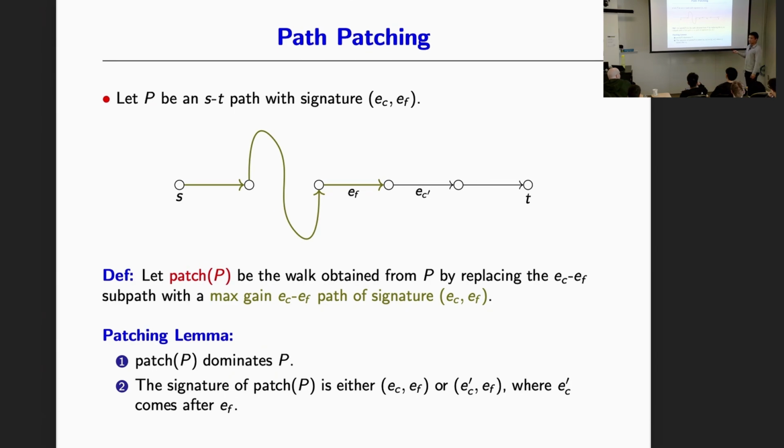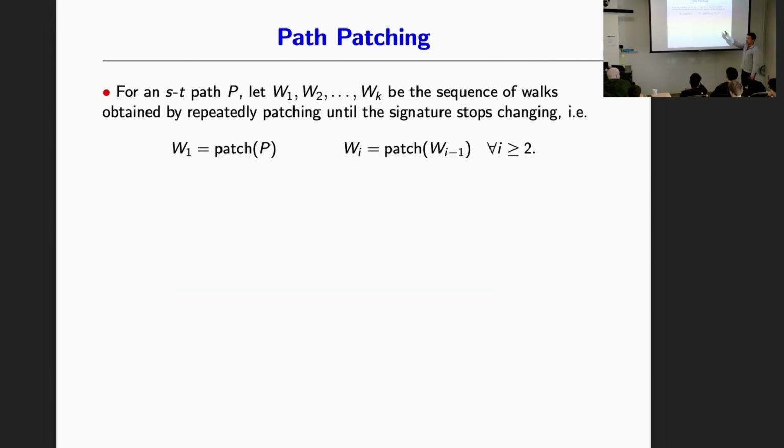Okay? So now I can iterate this operation. I start with some ST path, and I iteratively patch it until the signature stops changing. So the signature stabilizes, and then I end up with some WK, some ST walk.